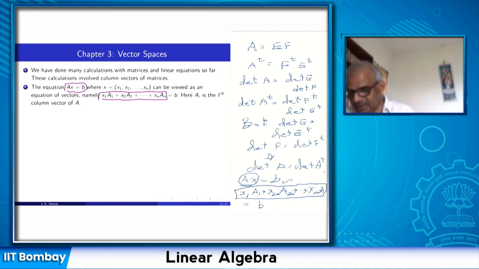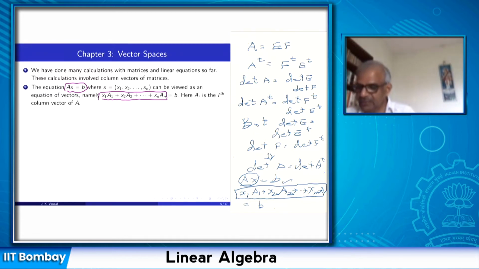So the xi's are indeterminates. I will give different values to the xi's and get all possible linear combinations of the ai's. That is a certain space, and the solvability of Ax equal to B says that the vector B lies in that space. So ai is the ith column vector, and the left-hand side is varying over linear combinations of all the column vectors of A.